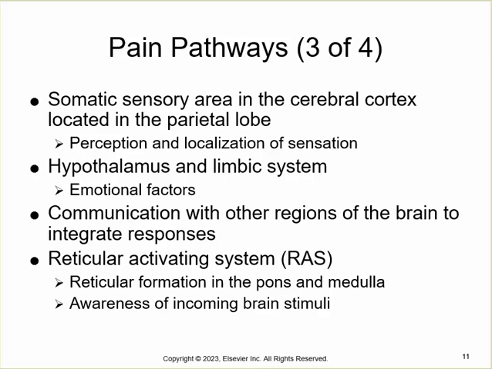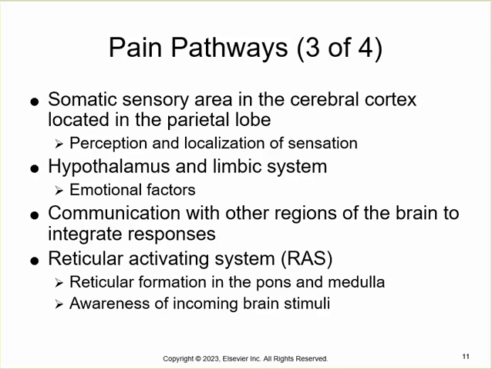So in the cerebral cortex, from the thalamus, signals go and we locate it in the parietal lobe in the primary sensory area, primary somatic sensory area. From there, we have the association areas, in the rear part of the parietal lobe.